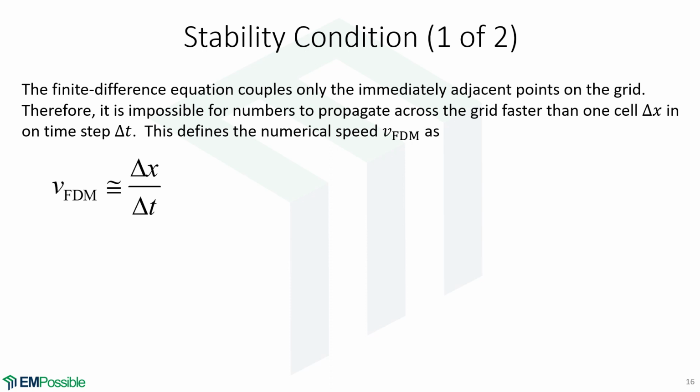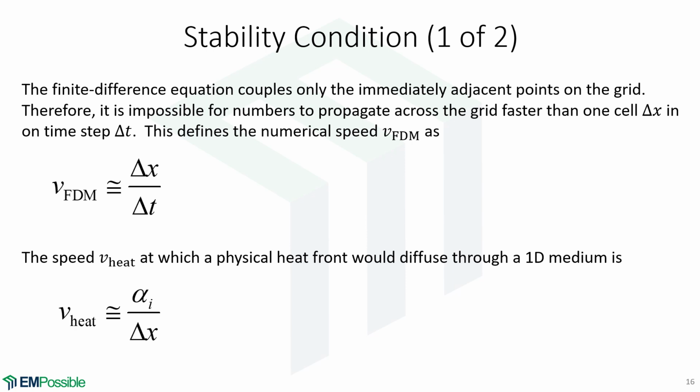That's just due to how my finite difference equations are. Now, if my finite difference equations were higher order, and maybe they reach 3 or 4 cells out into the grid, this isn't necessarily the case. But ours only reach one cell over, so it's impossible for information to travel farther than one cell in one time step. So I can sort of write the velocity in our finite difference method, or the maximum velocity, is one cell in one time step.